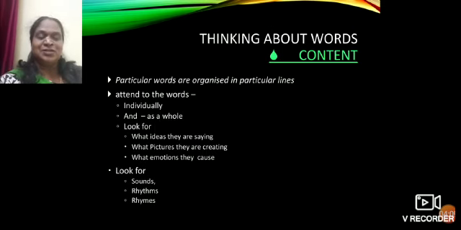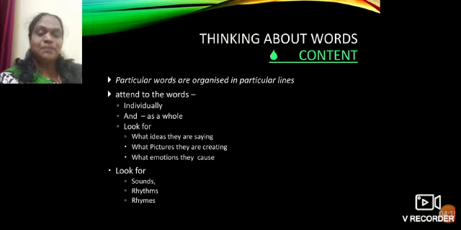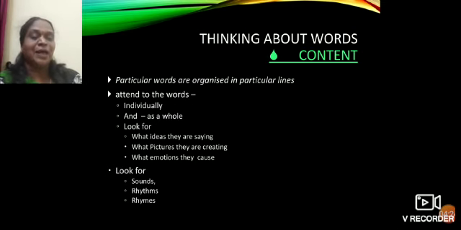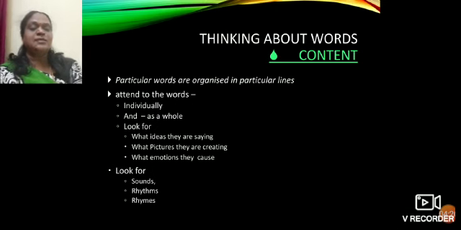When you read and listen to it, you will find that the poem comprises particular words, and these particular words, as we saw, are organized in particular lines. Therefore, you need to attend to these words. Now, how would you do that? You need to attend to these words either individually or as a whole.